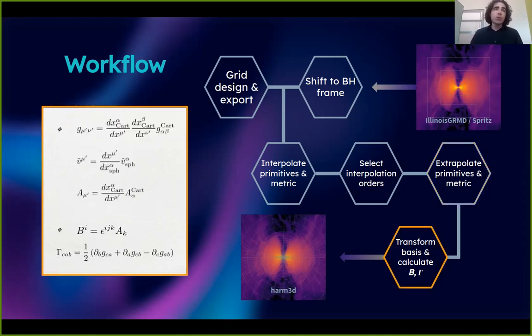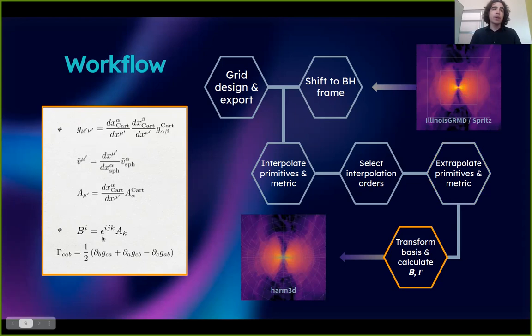Then some formalities: we need to transform the tensors to the new coordinate basis, particularly the metric, the velocities, and the vector potential. And since HARM3D evolves the magnetic field with the fluxCT algorithm, we need to calculate the magnetic field by the curl of the vector potential.